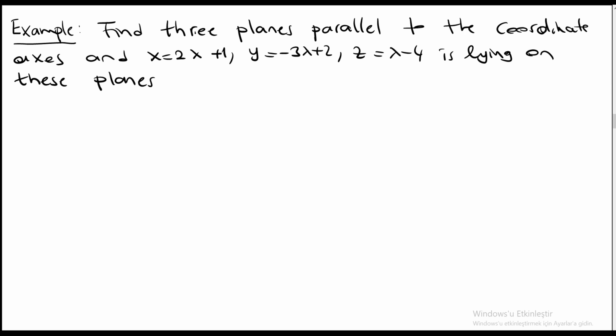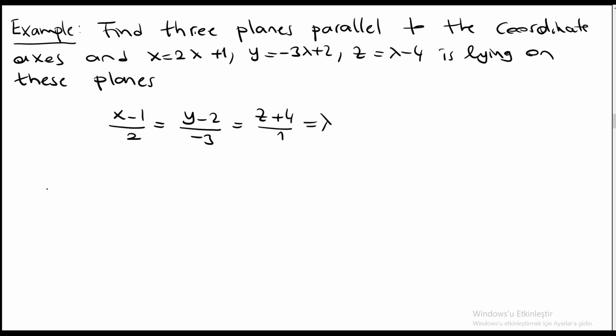Remember, when you try to find the 3 planes parallel to the coordinate axis, you need a line. But here in the first part, we don't see any line. But in the second line, it says the given line is lying on these planes. So it means this line determines these planes. If you like to write this one, x minus 1 over 2 and y minus 2 over negative 3, and z plus 4 over 1 as a lambda, then you can find these 3 planes.